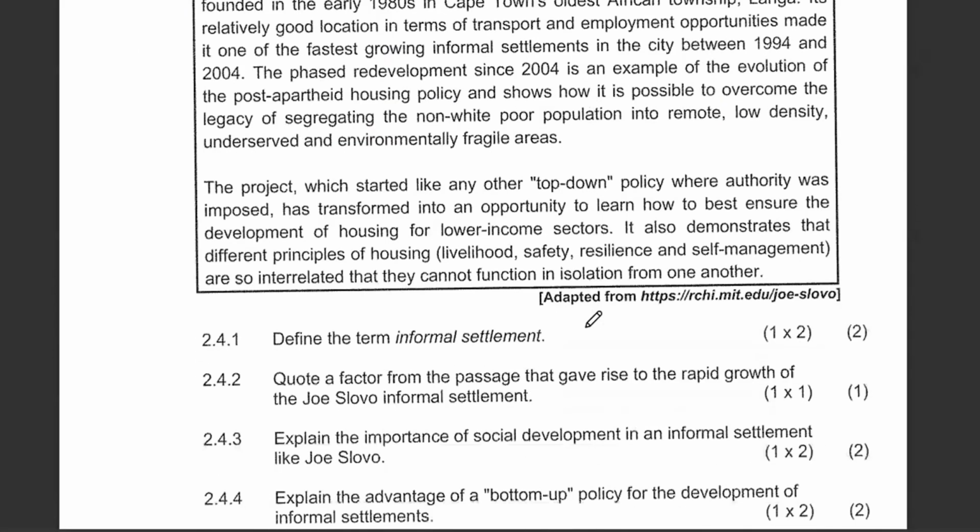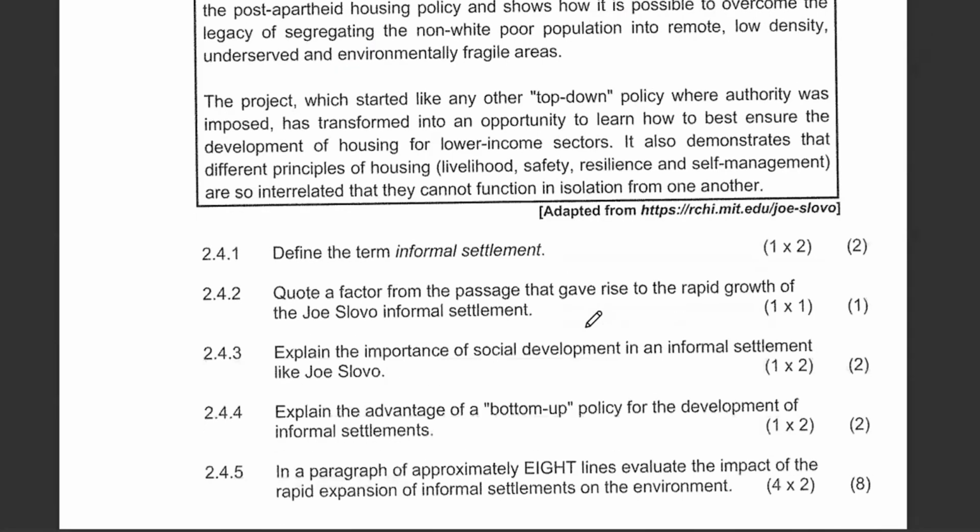And moving on to the next question, define the term informal settlement. When we're looking at informal in terms of a settlement, we are looking at that kind of settlement which is illegal and which is unplanned.